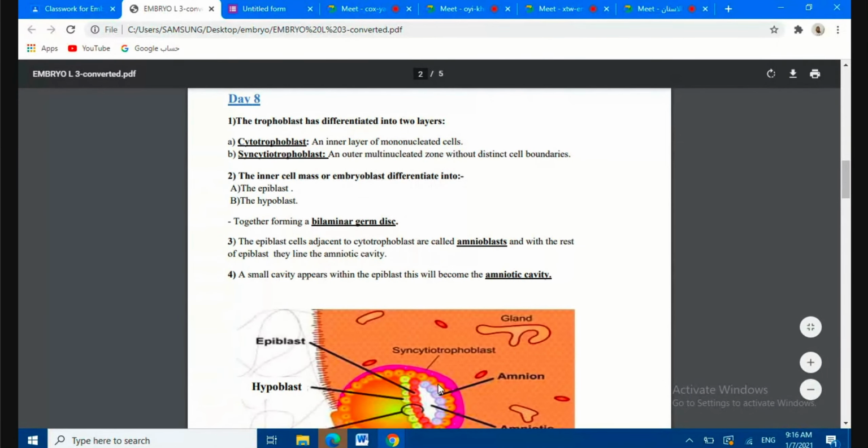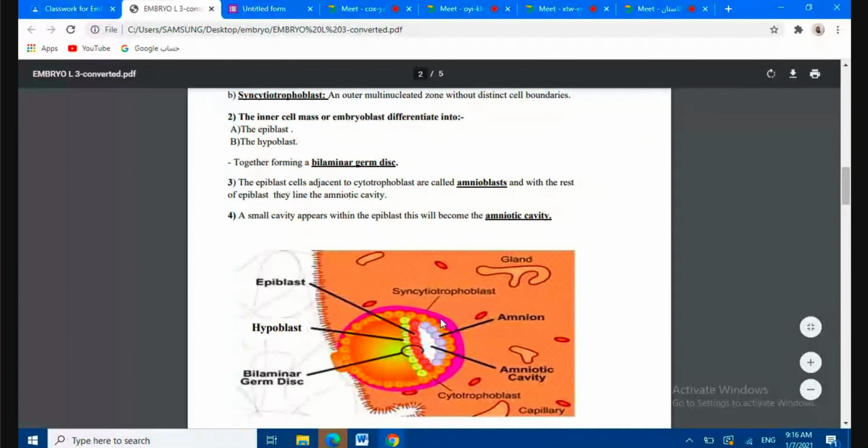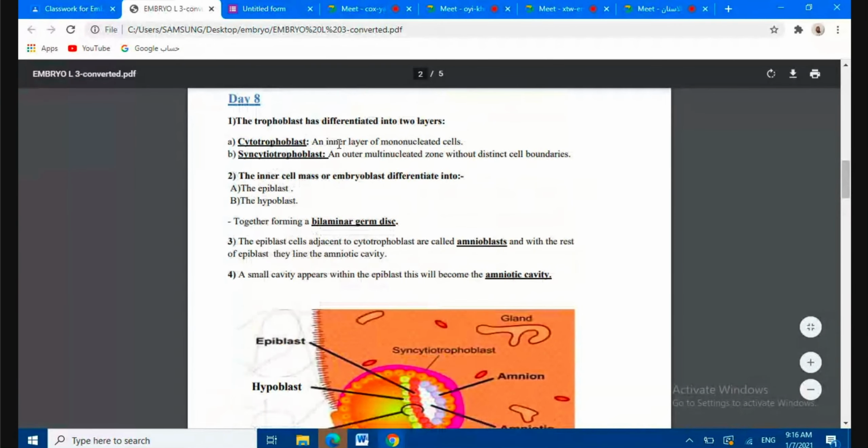As you see, we have the outer layer that will be trophoblast, and this trophoblast will differentiate into the cytotrophoblast and syncytial trophoblast. The cytotrophoblast is the inner layer of mononucleated cells.